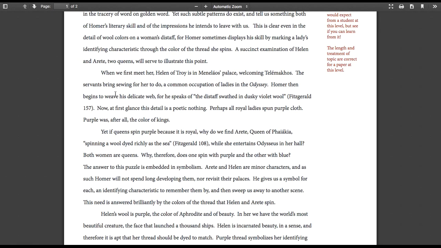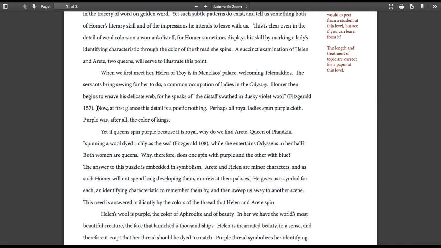And the author of this essay is also connecting his literary skill to the skill that Helen is employing in the story, which was a very engaging and effective method of expressing their argument.